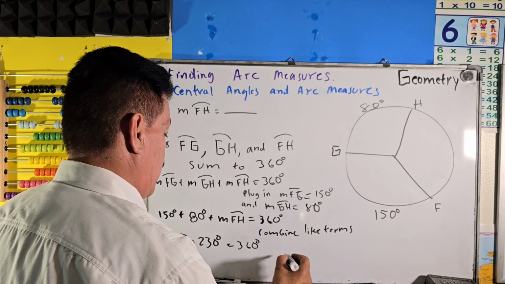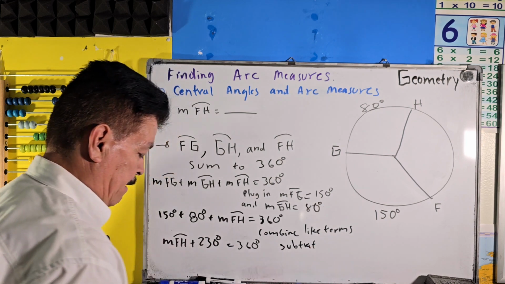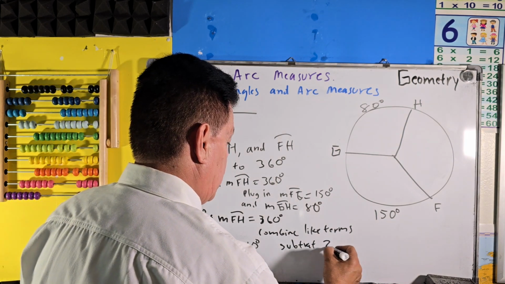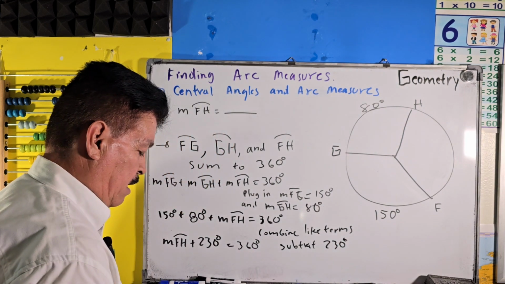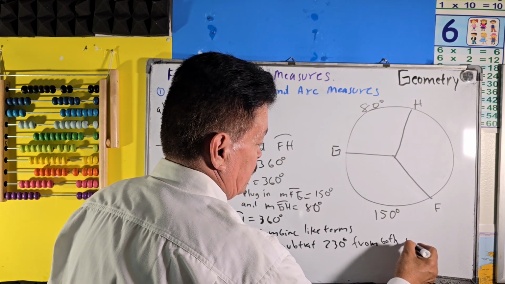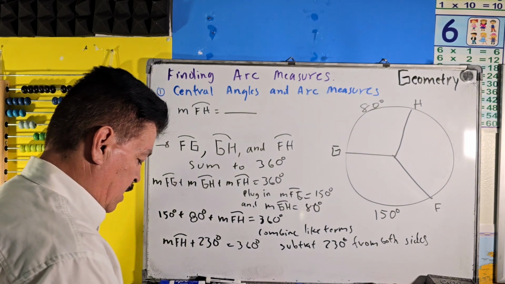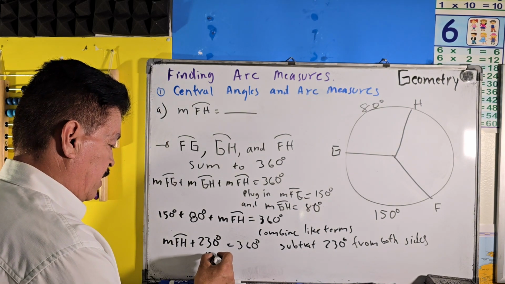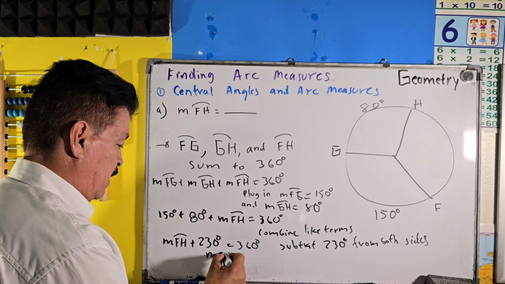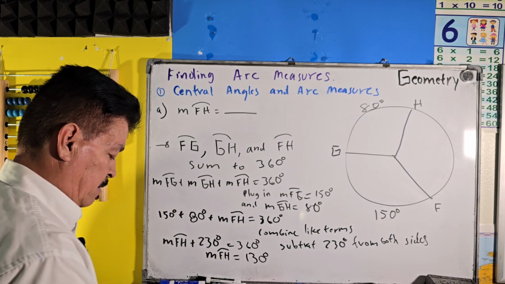Now we have to subtract 230 degrees from both sides. If we do that, we have the measure of FH equals 130 degrees.